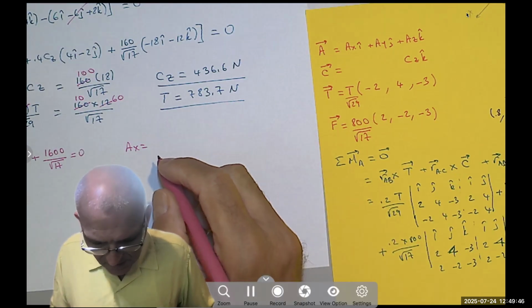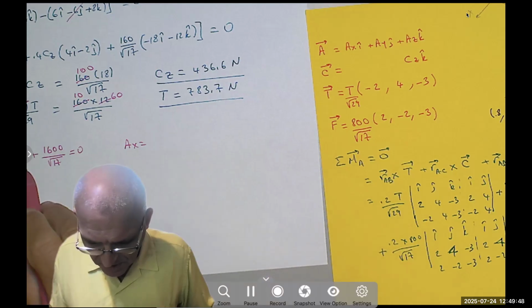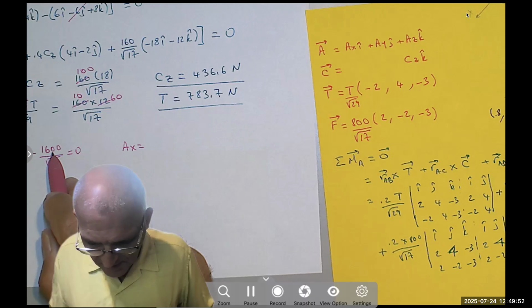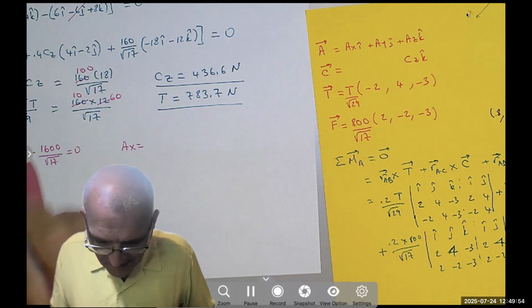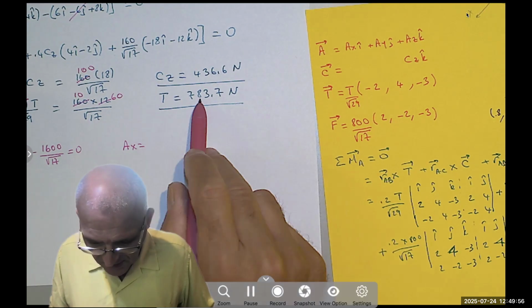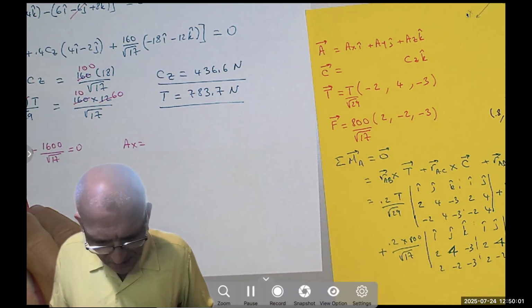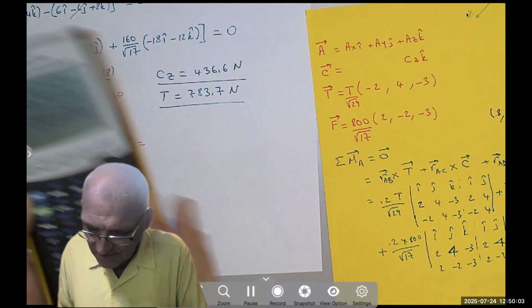That seems, is it? The tension, this would be roughly 400, right? Slightly less. And this is 780, meaning 1500, or how come I get, no, that doesn't make sense.